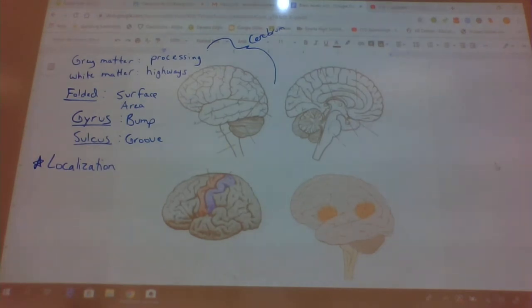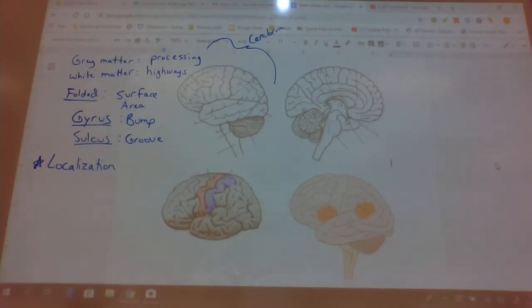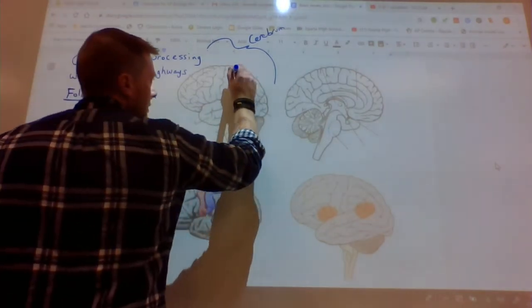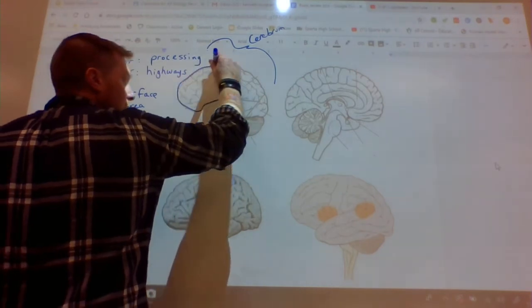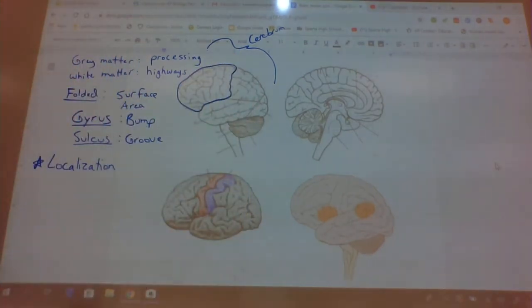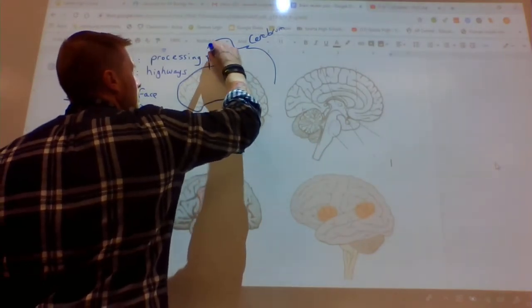So with this idea of localization, we can take the cerebrum and break it up into 4 different lobes. So the first lobe that we learned is right here, if I outline it. This massive lobe of the human brain is called the frontal lobe.